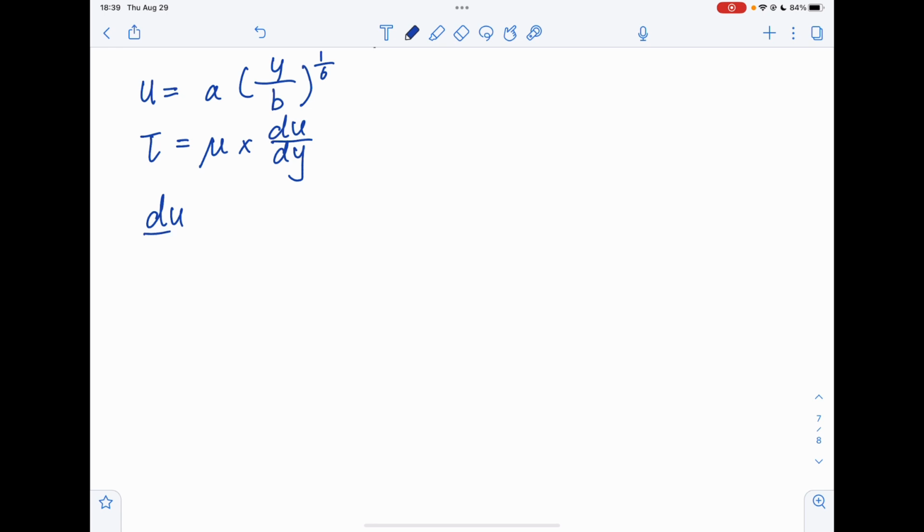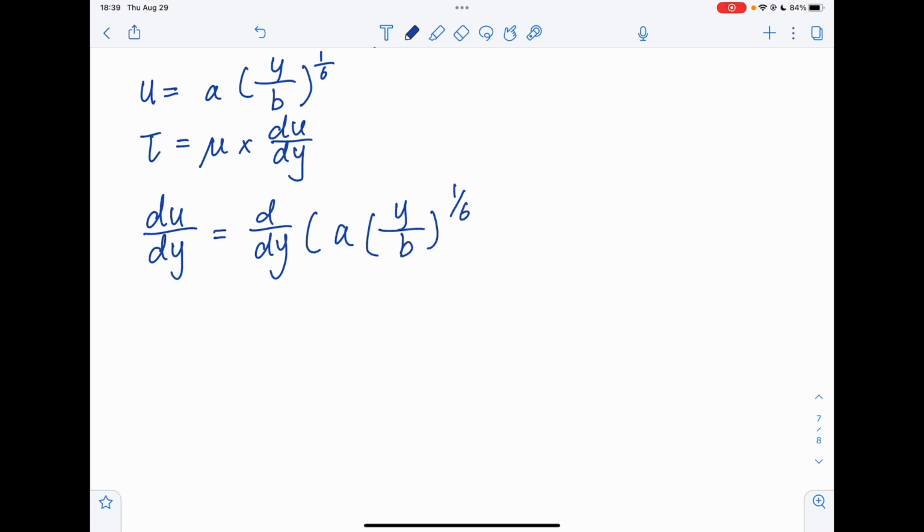So du over dy equals d over dy of A times (y over B) to the power of 1/6. You can move the A and the B out because they are constant.